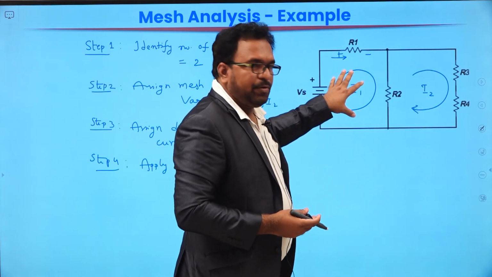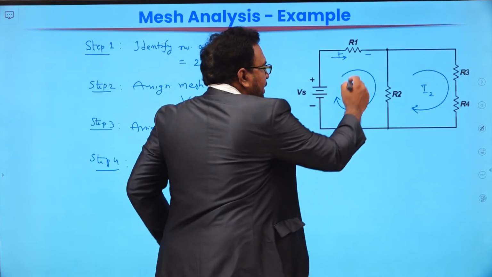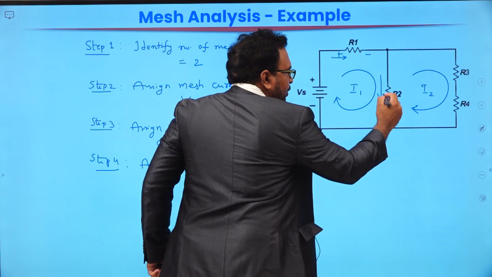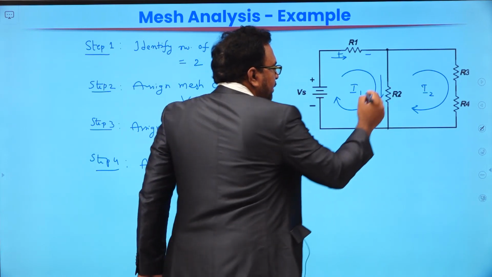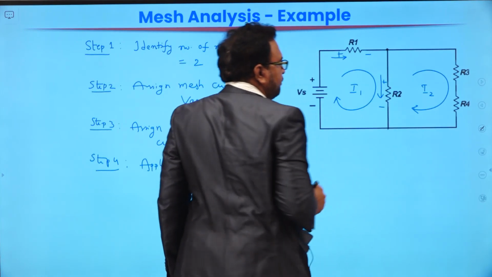When you consider mesh current 1, I1 is moving clockwise. That means in R2, I1 is flowing downwards. That's why we choose plus here, minus here.